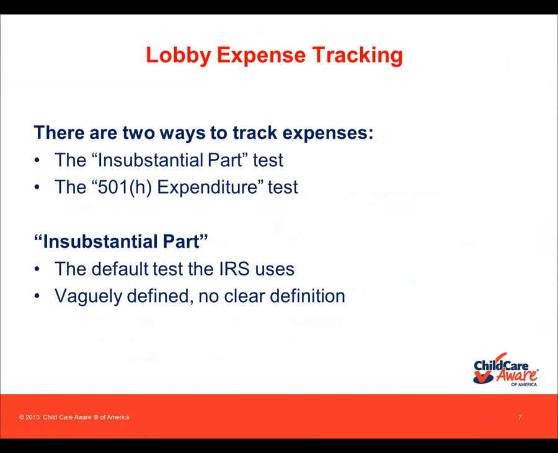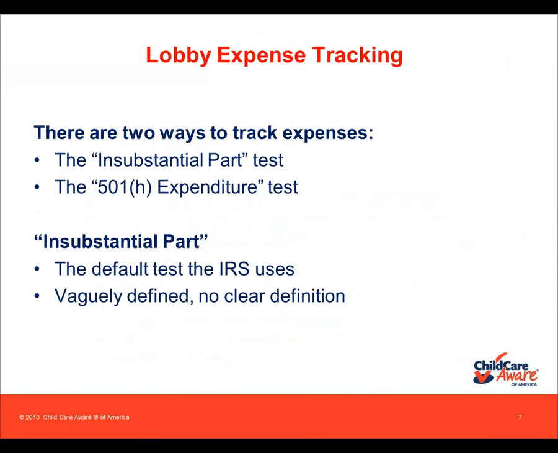So the IRS has two different types of tests to determine and track lobbying expenses done by your nonprofit. The insubstantial part test is really not used. I'm not going to go too much into detail with it because it's way more complex than the typical 501H expenditure test, which is less paperwork and which nonprofits tend to use.